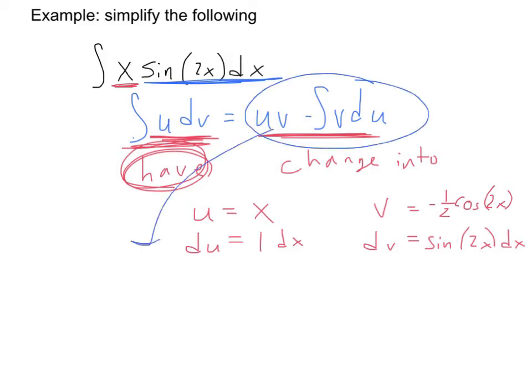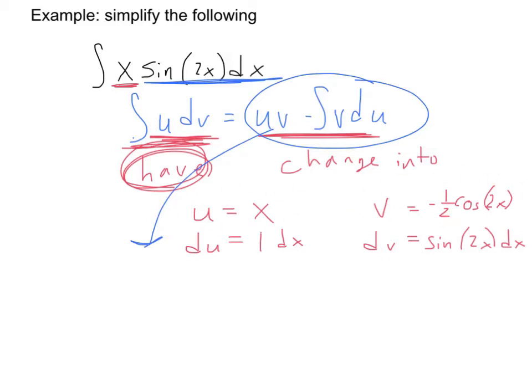Okay? So now I have all the pieces I need, and I can finally do this transformation. I can change my integral into this one. Because my original integral was u times dv, I can change it to this. So what is uv?